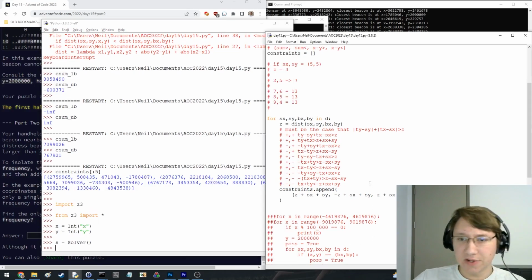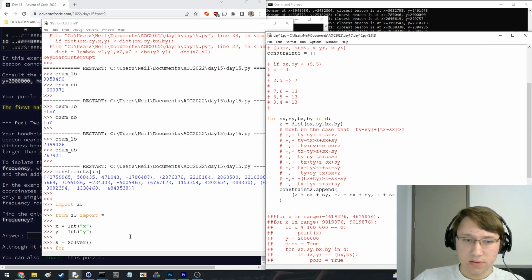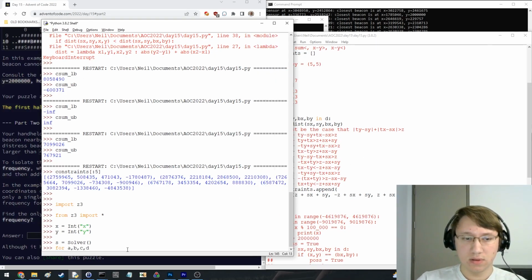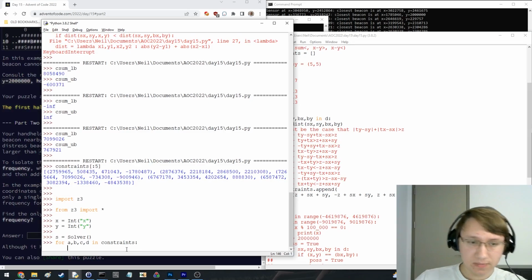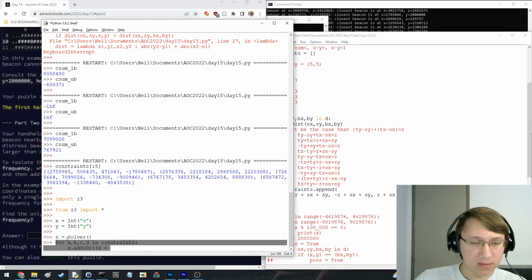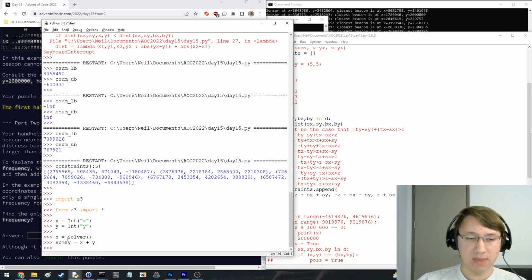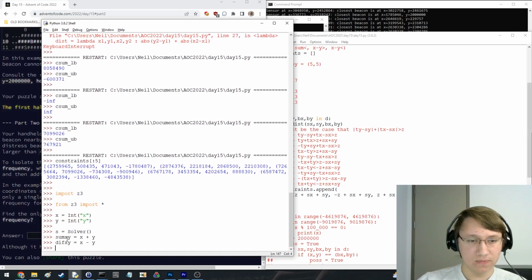Yeah, so we're going to add a bunch of constraints. What we're going to do is say for constraints, one of these must be true. Let's make x plus y sum xy, and then diff xy.